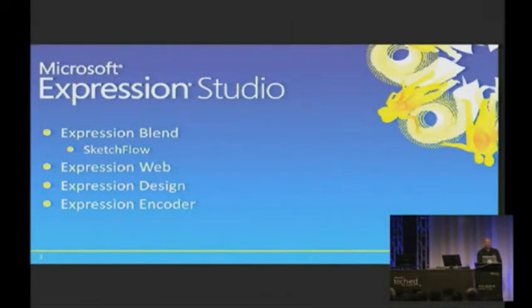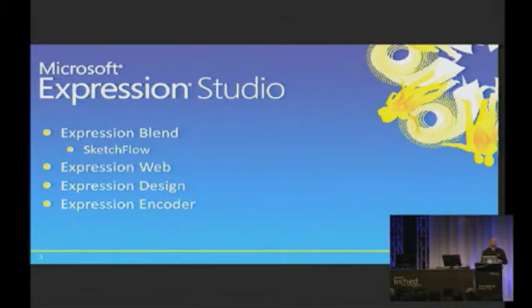Just a quick recap of Expression Studio and where SketchFlow fits in. So Expression Studio, we're up to version 4, and 4 products in Expression: Blend, Design, Web, and Encoder. Going from the bottom up, Expression Encoder is for preparing your video and your audio assets for publishing, mostly for the web.